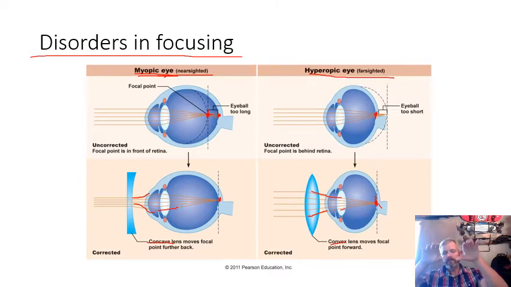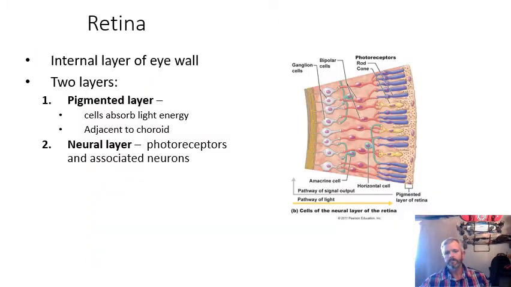All right, so now we've controlled the light, we've controlled the refraction. And where are we sending this to? We're sending it to the retina. Okay, so 2 layers. We've got the pigmented layer, right? That is this layer down here.